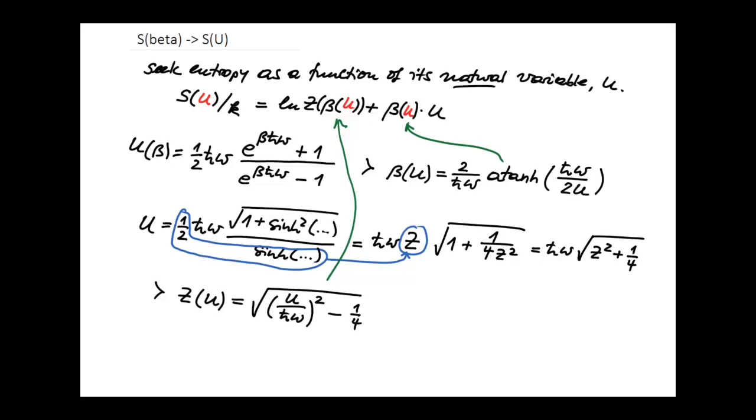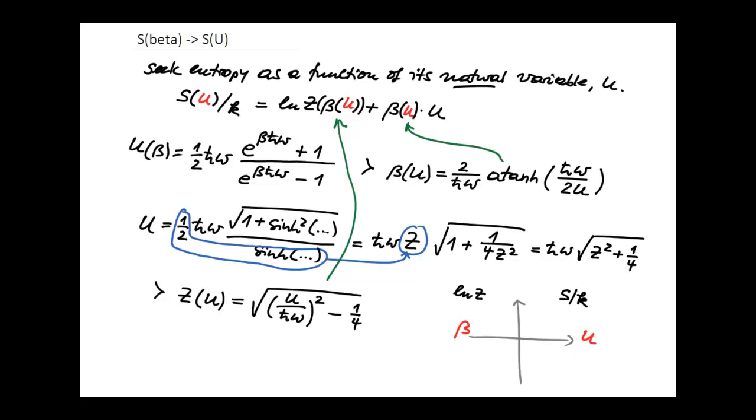So in our Guggenheim square, what we have done effectively is we have gone from the log of the partition function to the entropy. The log of the partition function was a function of its natural variable beta, and the entropy is now a function of its natural variable u.